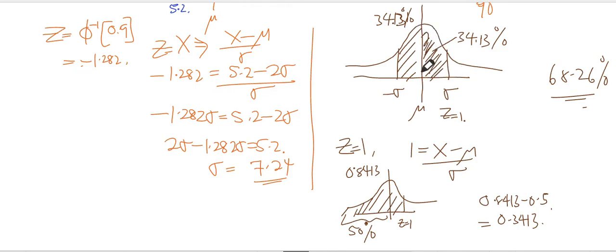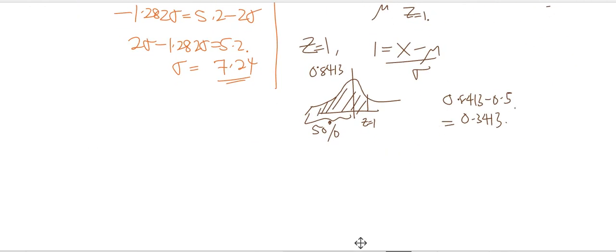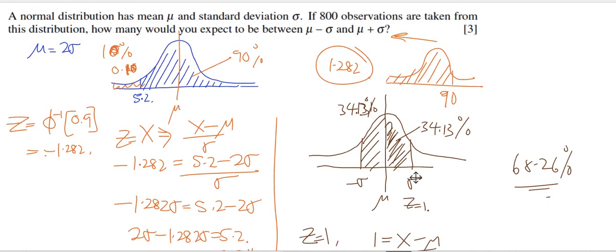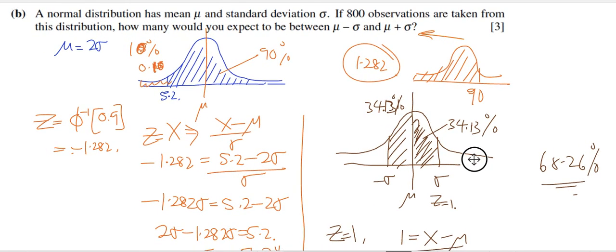On the left is negative 1, so it has to be exactly the same. So double of that is 2 times 0.3413, which is 0.6826.